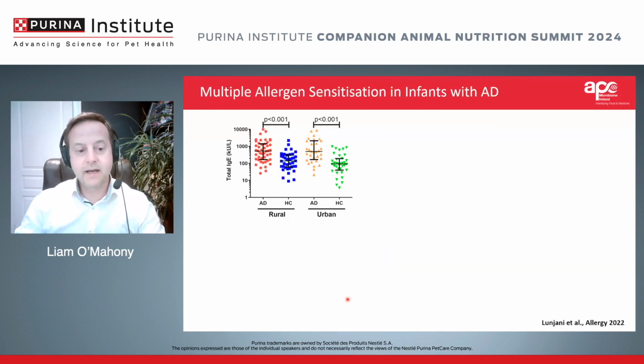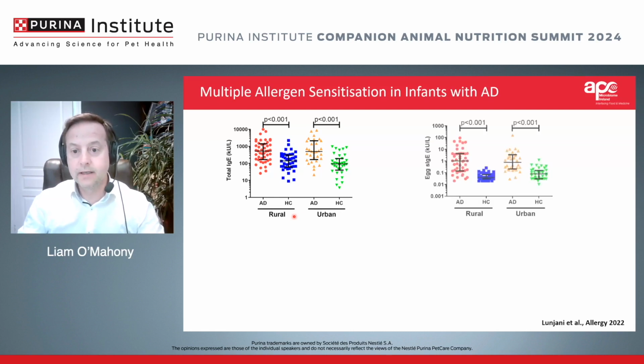And if we look at sensitizations in these children, so we had kids from both rural and urban environments, and we've divided them here into those with atopic dermatitis or healthy controls for both environments. If we look at total IgE levels in these children, you can see in the kids with atopic dermatitis, they have much higher levels of IgE compared to their healthy controls from both environments.